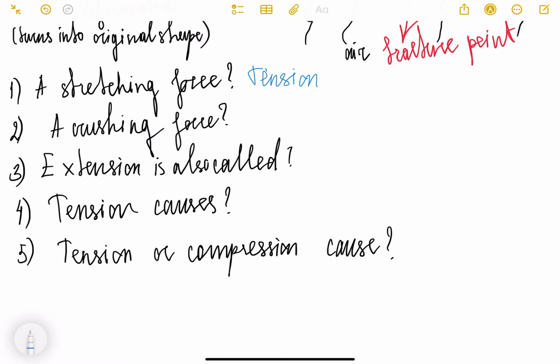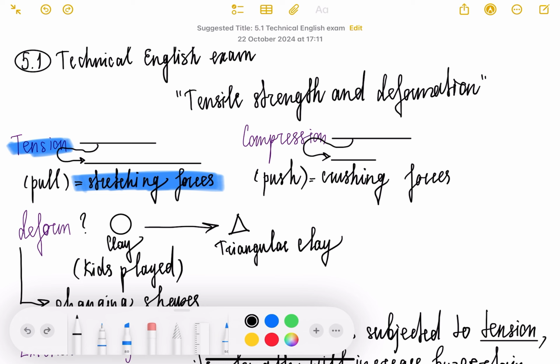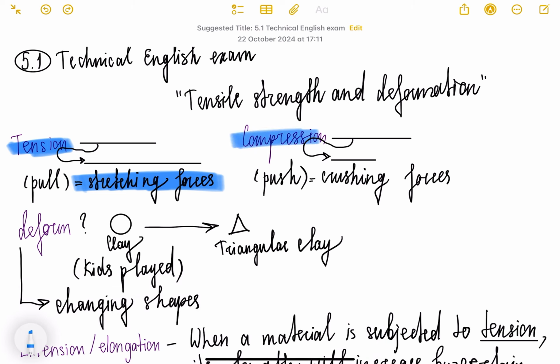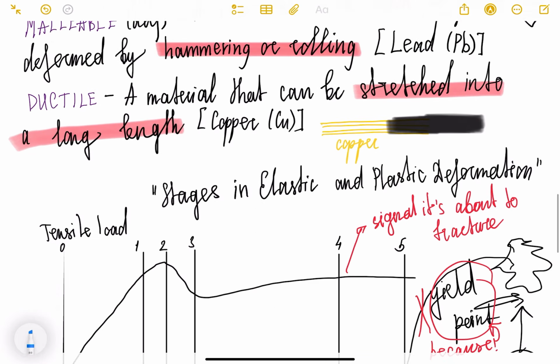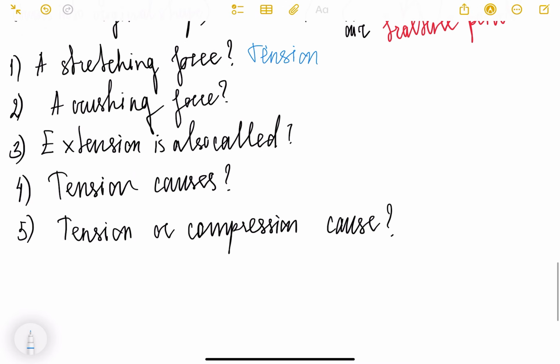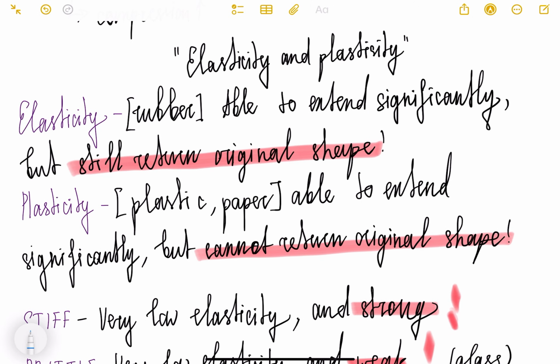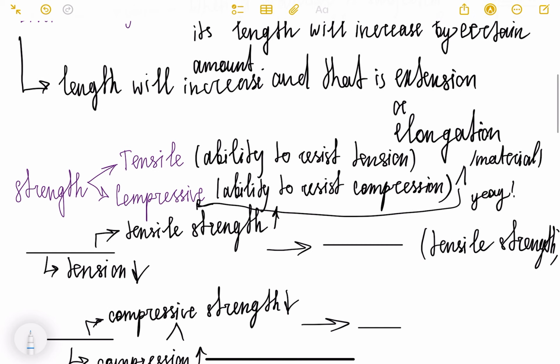So a crushing force is compression. Obvious. Compression, and it's exactly the same: crushing forces. And extension is also called... here it is.